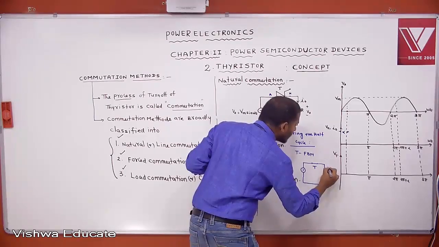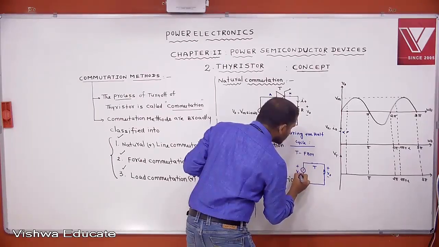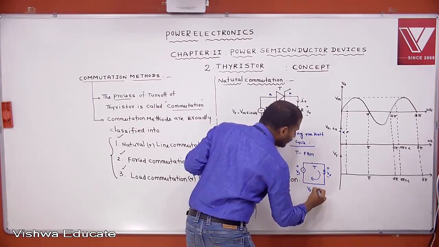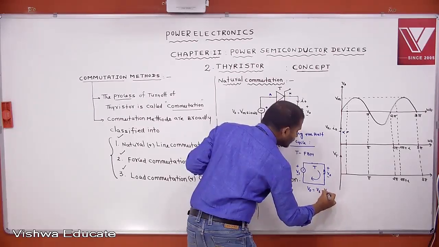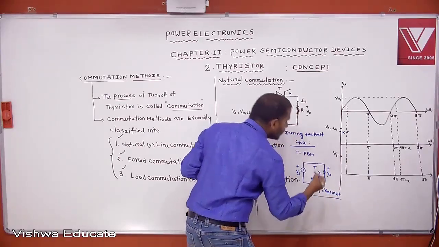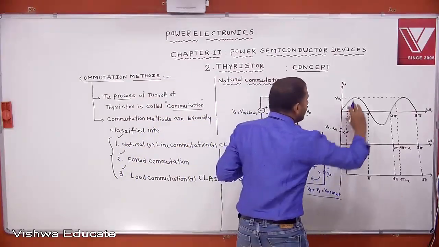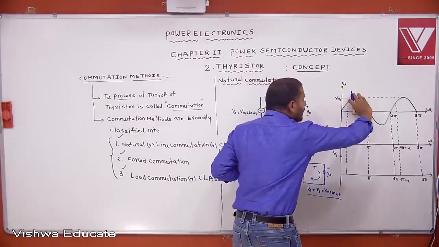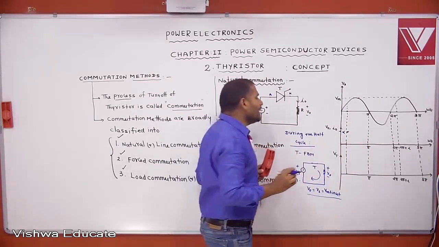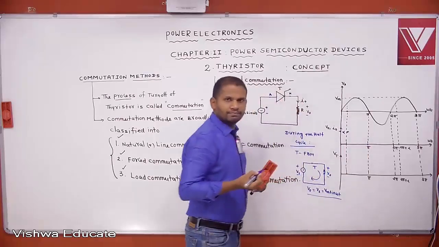This is V0 and this is Vs. If you apply KVL for this loop, V0 equals Vs, which is Vm sin omega t. So whatever the input voltage is will appear at the output. First it will conduct up to pi.